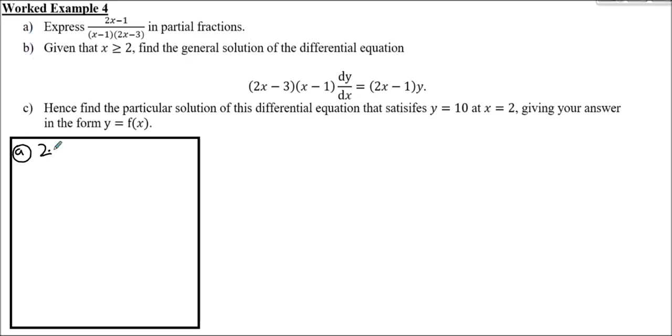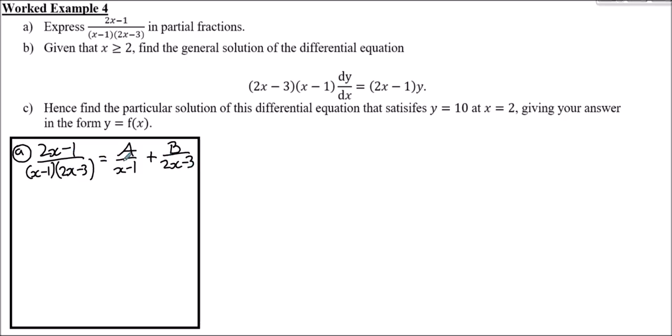So let's set 2x minus 1 all over x minus 1, 2x minus 3 equal to some constant A to be found all over x minus 1, plus some constant B to be found all over 2x minus 3.